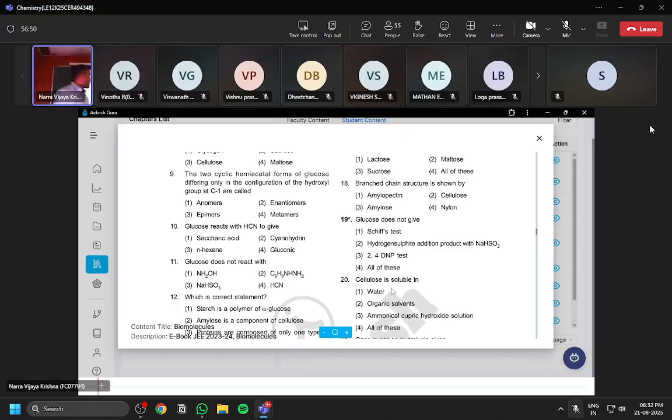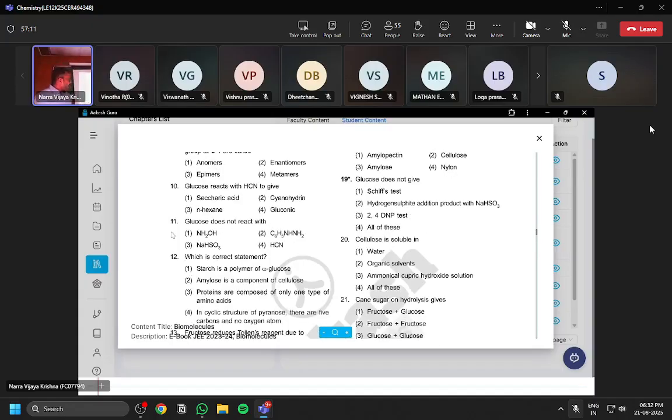Question number 19, sir. Glucose does not give Schiff's test, where para-rosaniline hydrochloride is decolourised by passing SO2. The answer is all of these. We have seen this question as it is. Any questions? Question number 11. Glucose does not react with sodium bisulfite.